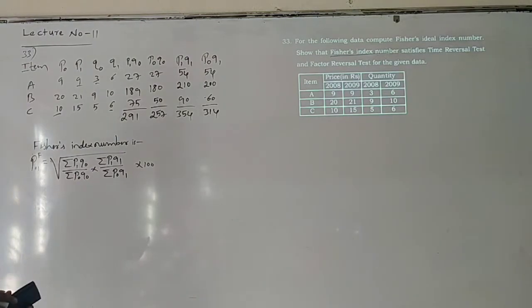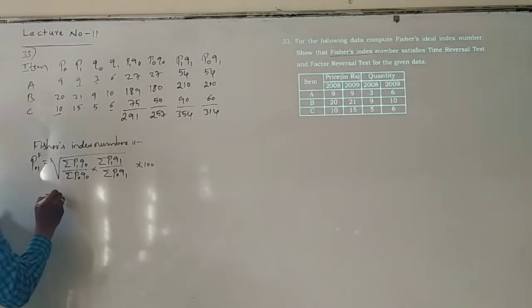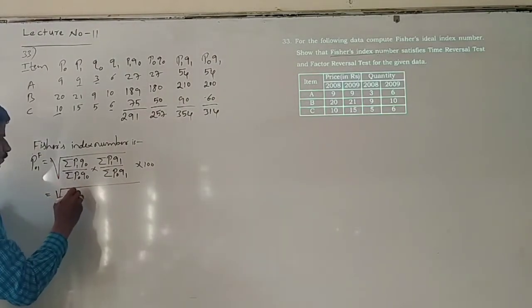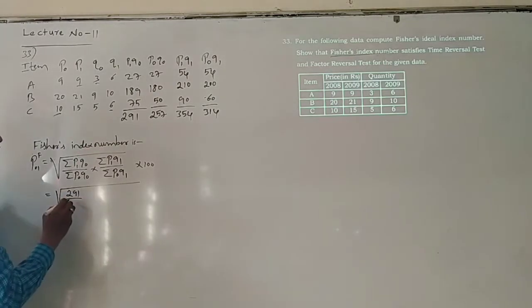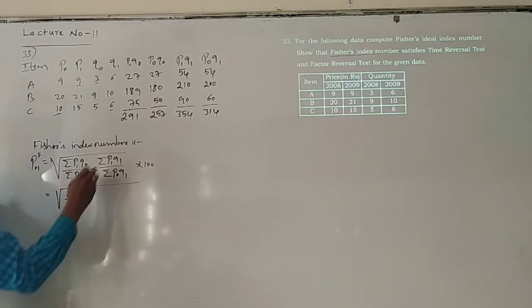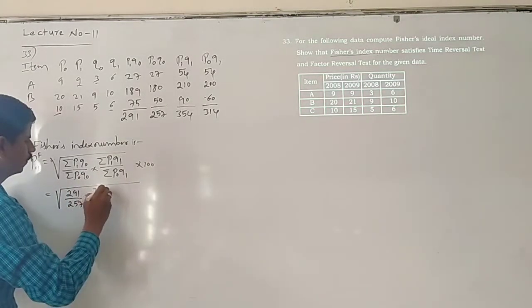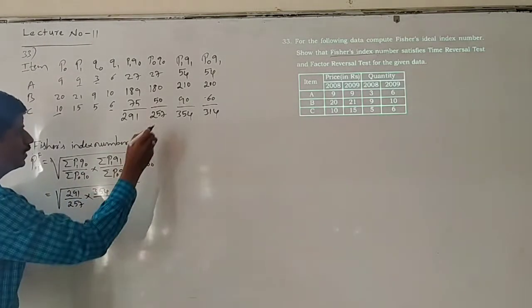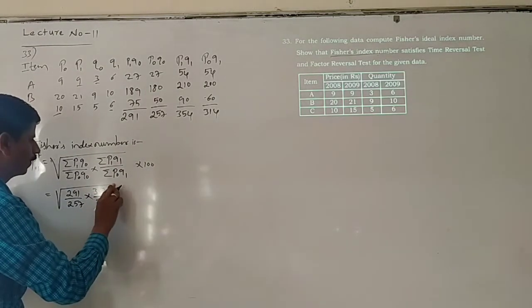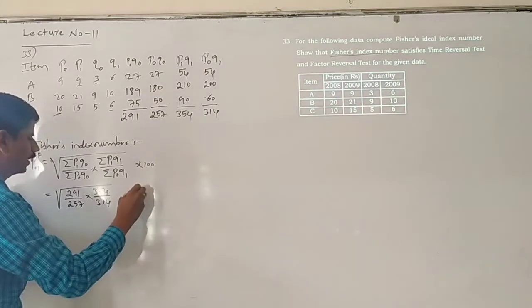Okay. Now substitute the values. Sum of P1 Q0 is 291 divided by sum of P0 Q0 is 257, into sum of P1 Q1 is 354 divided by sum of P0 Q1 is 314, into 100.